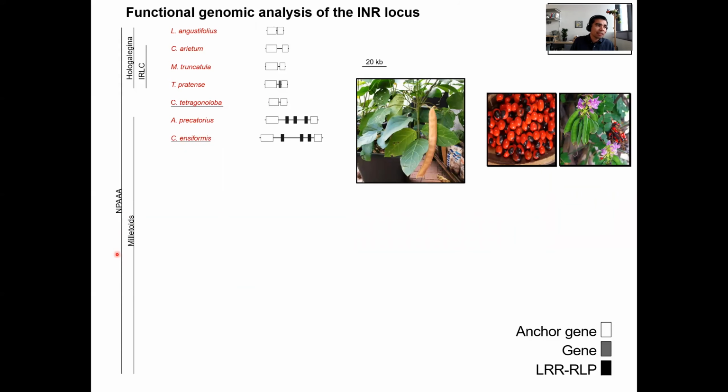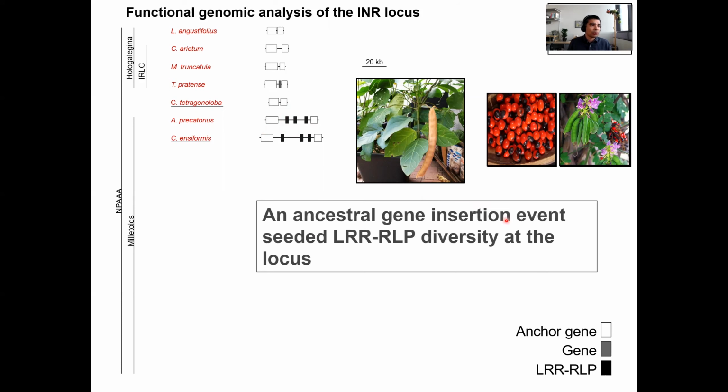If we move into the millettioid legumes here, this includes jack bean and rosary pea, we start to see RLP homologs at the locus. So this strongly suggests that there was a single ancestral gene insertion event in the millettioids that seeded the existing RLP diversity at the locus today.